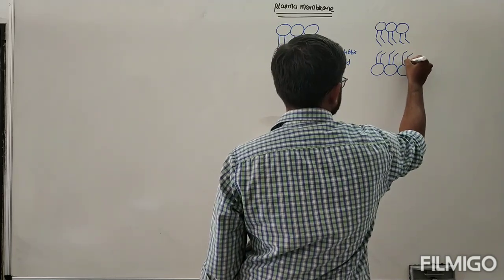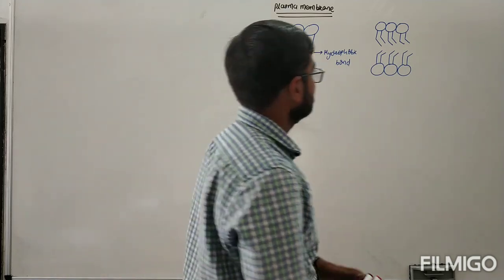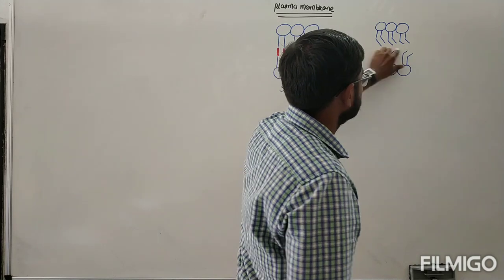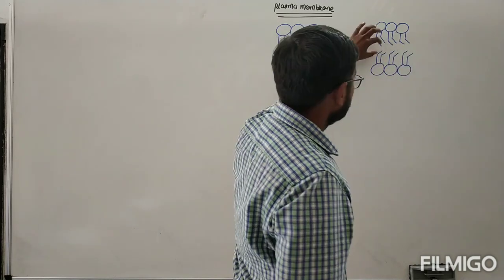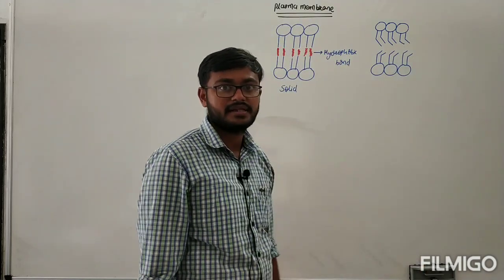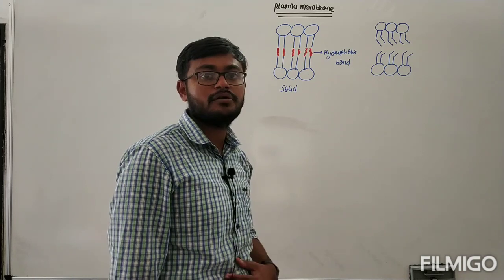This is the characteristic feature of unsaturated fatty acids. As the fatty acids are unsaturated, the bond formation does not take place. Why? Because these fatty acids are lying far away from each other.